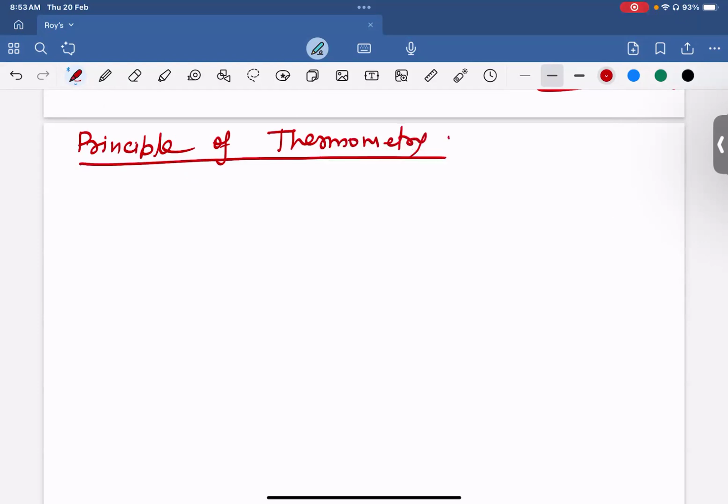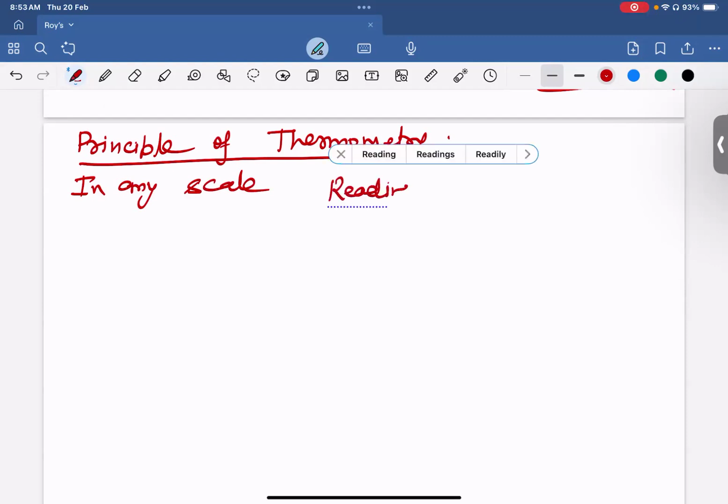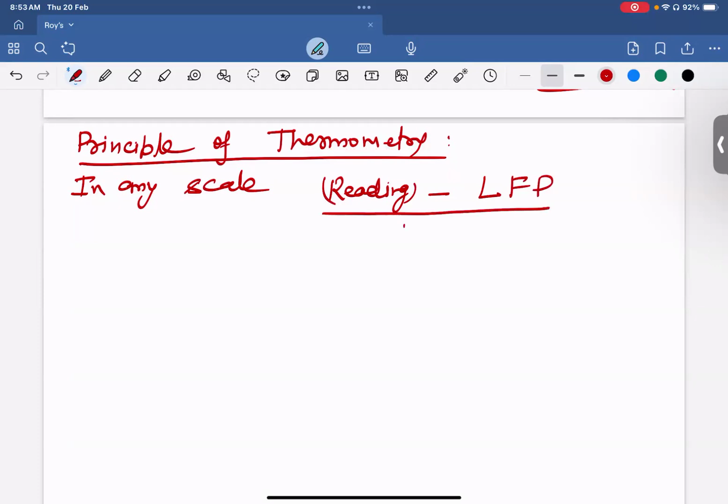It is called that in any scale, whatever scale you are taking, the reading, that is the value that it reads as temperature minus lower fixed point divided by the range.